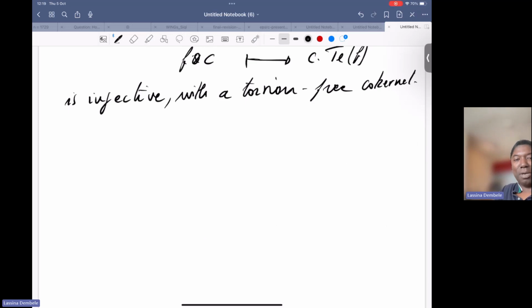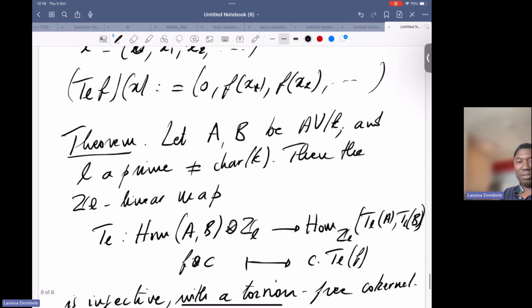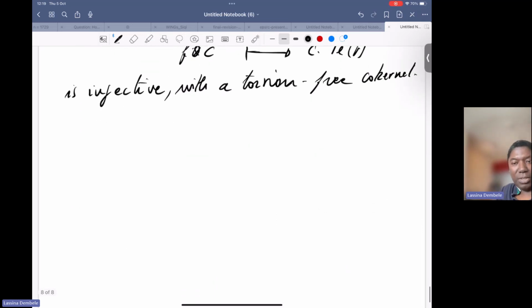Basically, in some cases, the Tate theorem says that this map is in fact an isomorphism. So that's what we're going to see later. But before we do this, we are going to see additional properties of Tate modules. So the next thing that I'm going to discuss will be relatively short.